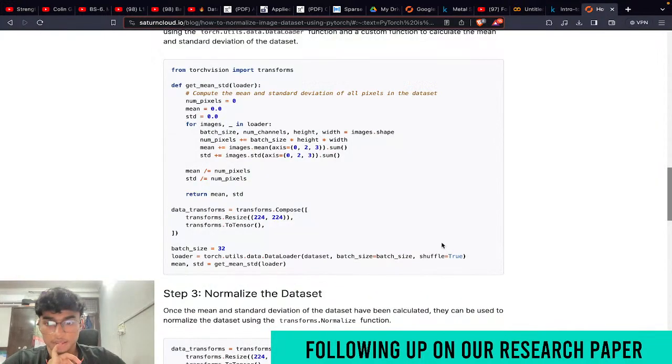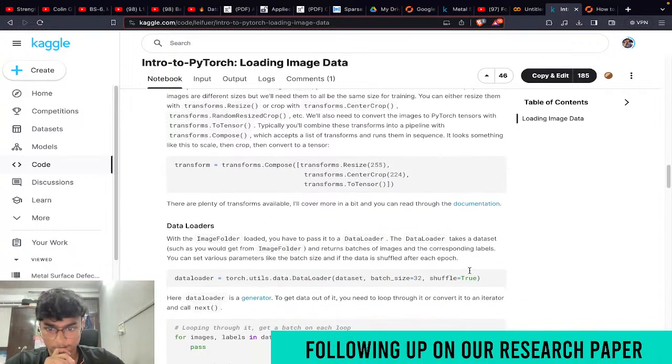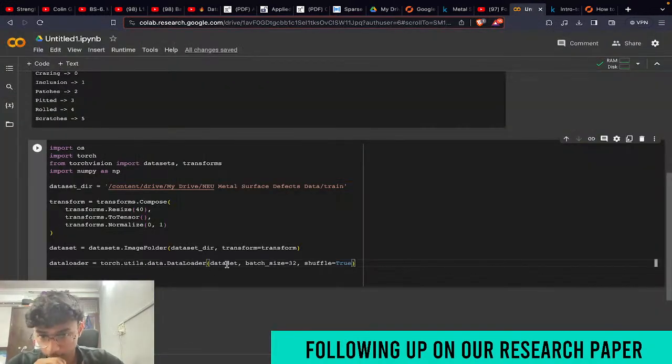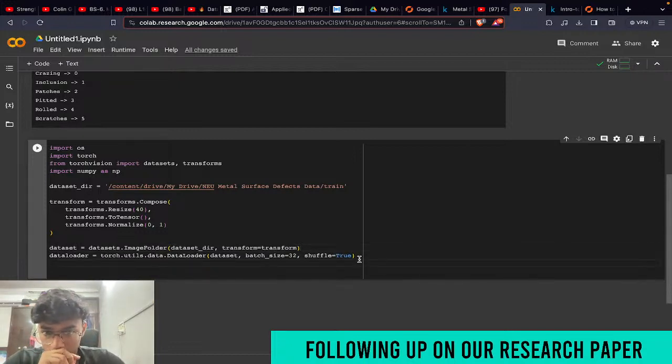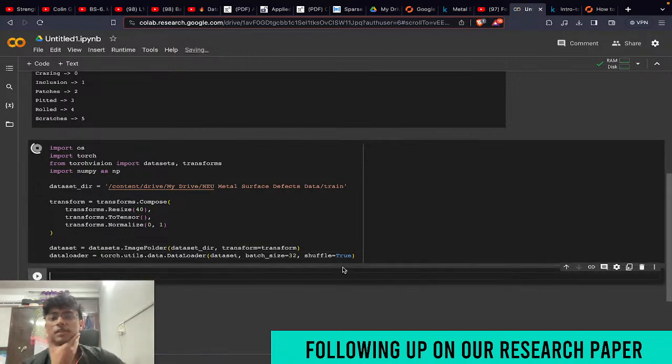Okay, now let's try to print our dataset by loading it first. I remember this. Let's run these lines and see if we haven't made an error.